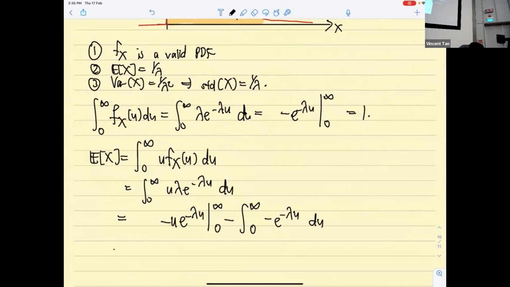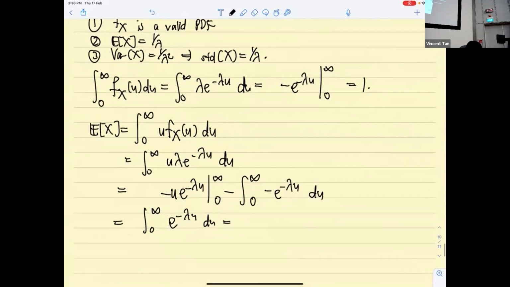The first part goes to 0. The second part is the integral of e to the minus lambda u du, which is minus 1 over lambda e to the minus lambda u from 0 to infinity, which is 1 over lambda.